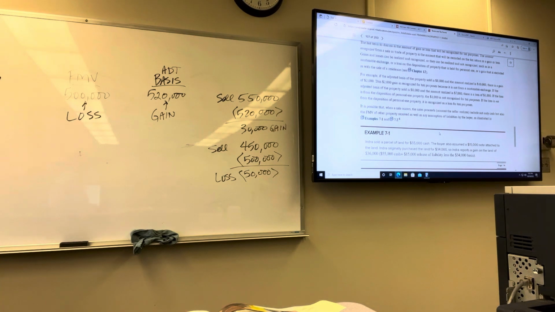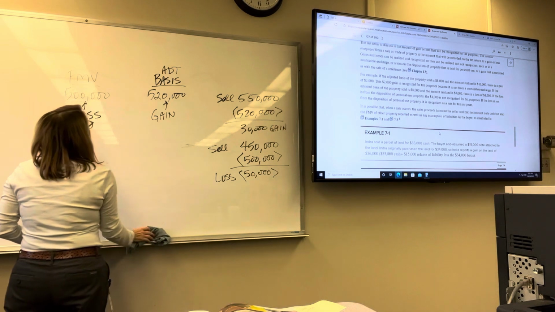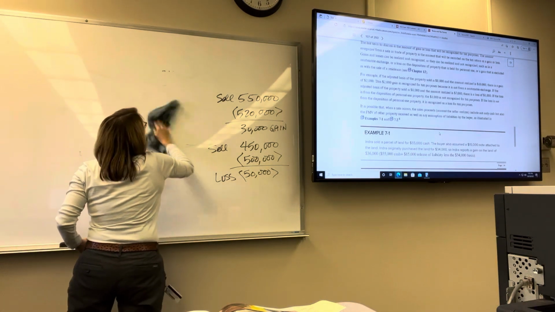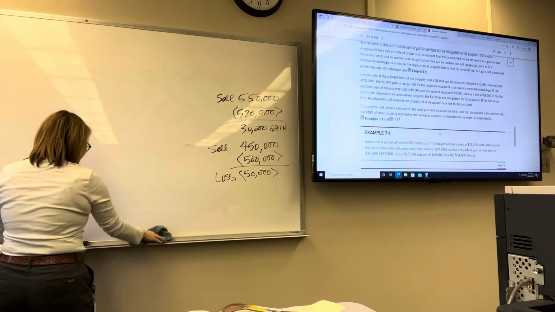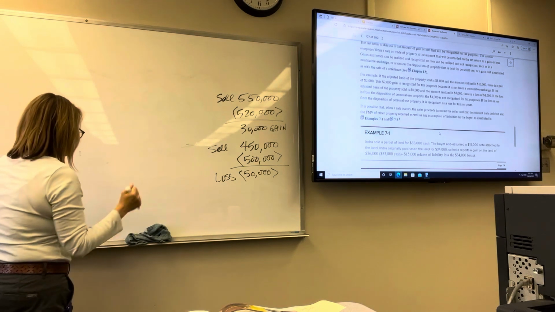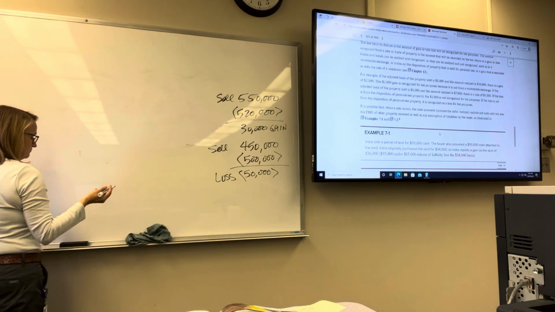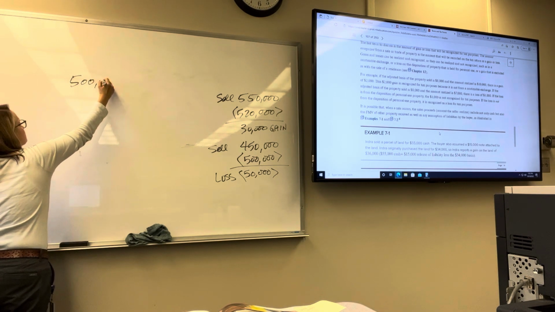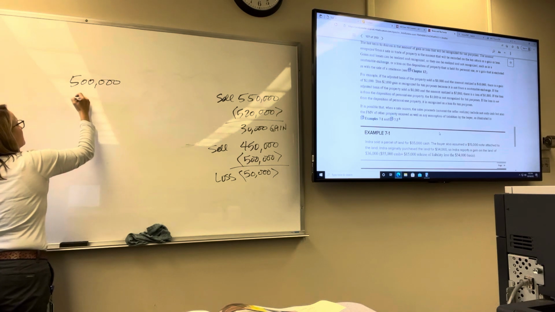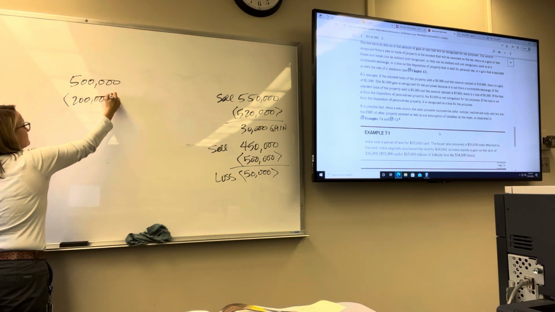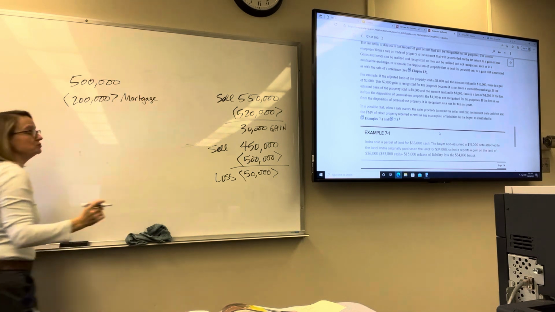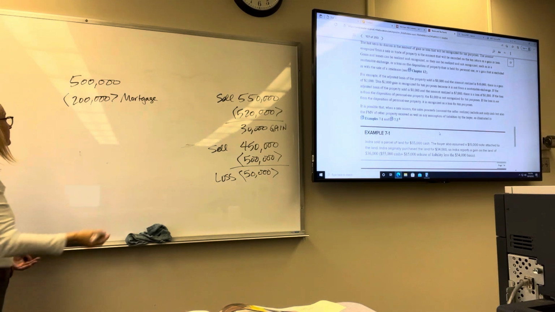So say we've got a building that's worth $500,000, but we have a mortgage on it of $200,000, so we're still paying on that mortgage, right?